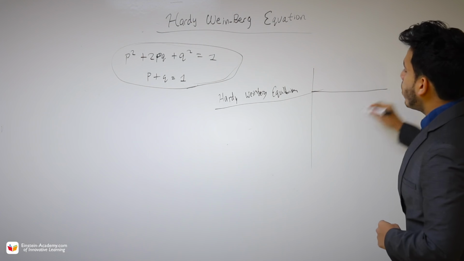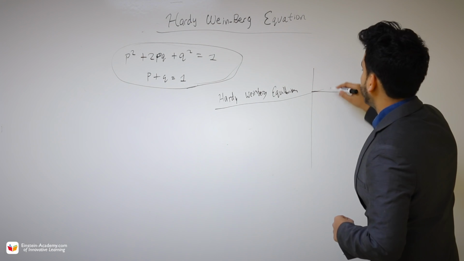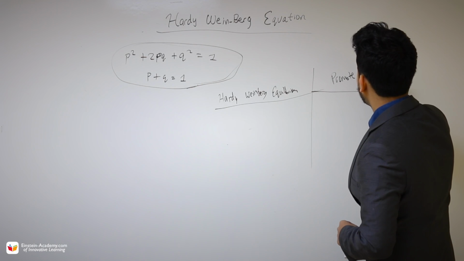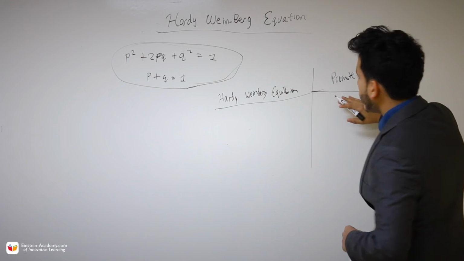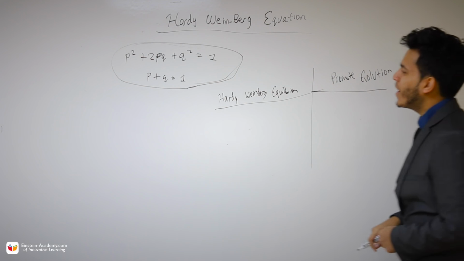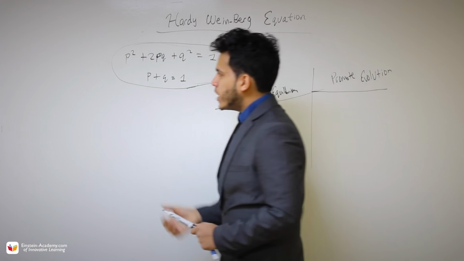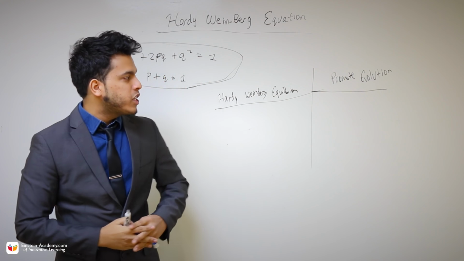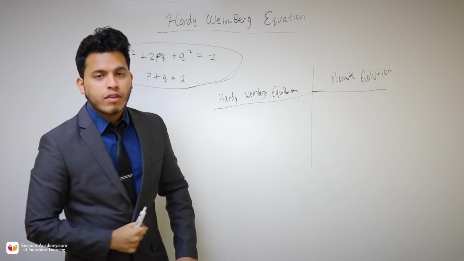And if we want to not stay at Hardy Weinberg equilibrium and we want to promote evolution, then we have to follow some certain parameters, okay? So this equation, as you'll see at the end of the video, basically shows us whether or not a population over time has undergone evolution.